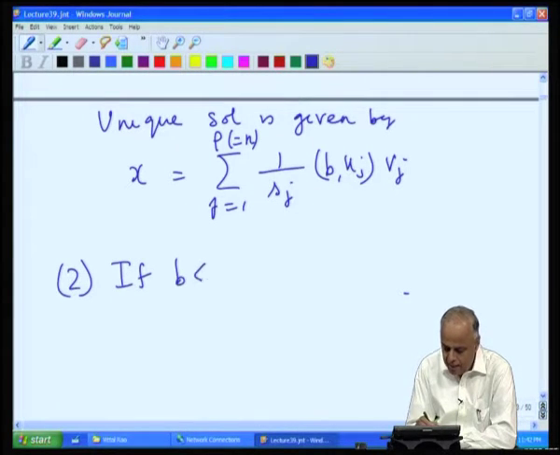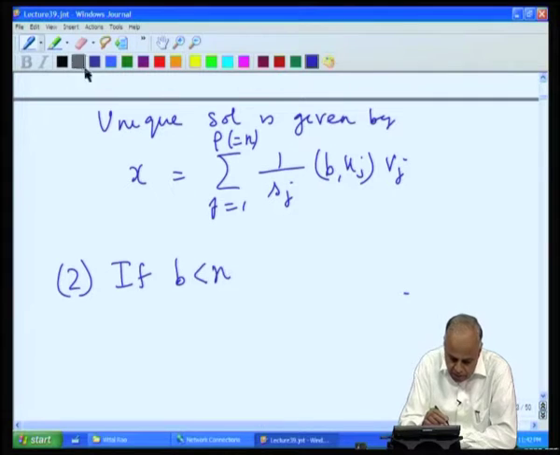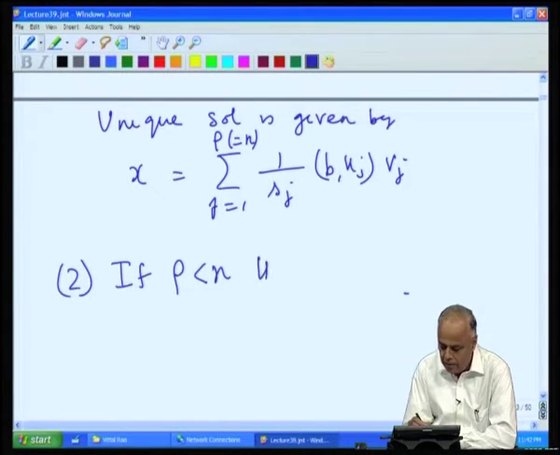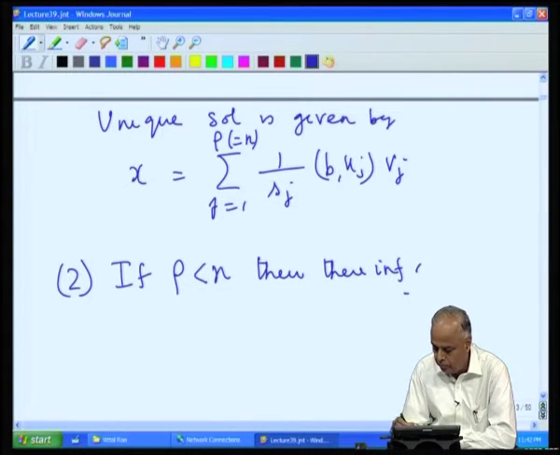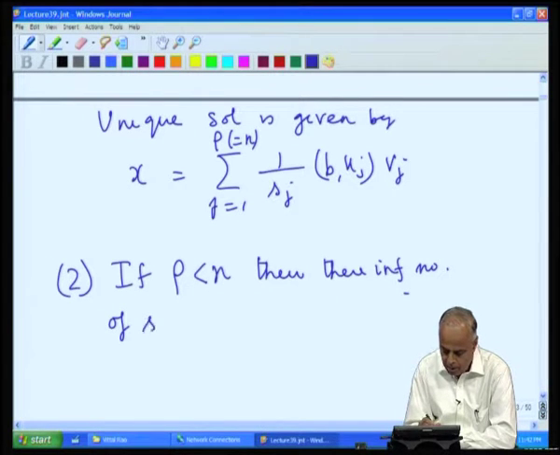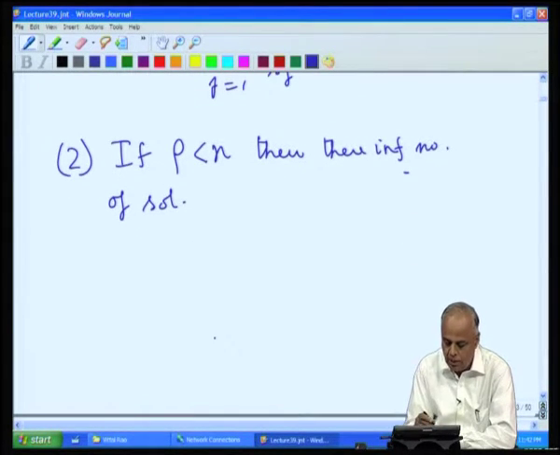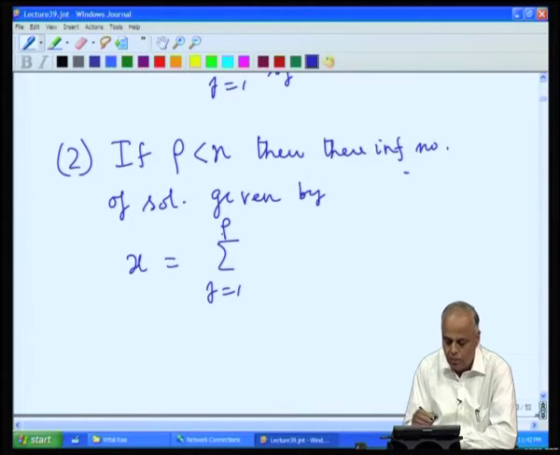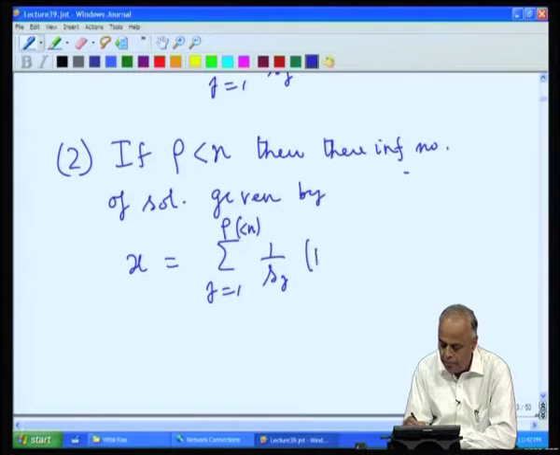Then if rho is less than n, the rank of the matrix is less than n, then there are infinite number of solutions. All of them can be written in the following form: x equal to summation j equal to 1 to rho, now rho is less than n, (1 by s_j) <b, u_j> v_j.